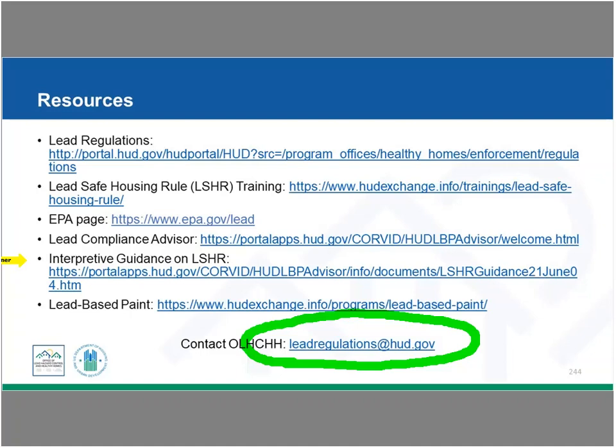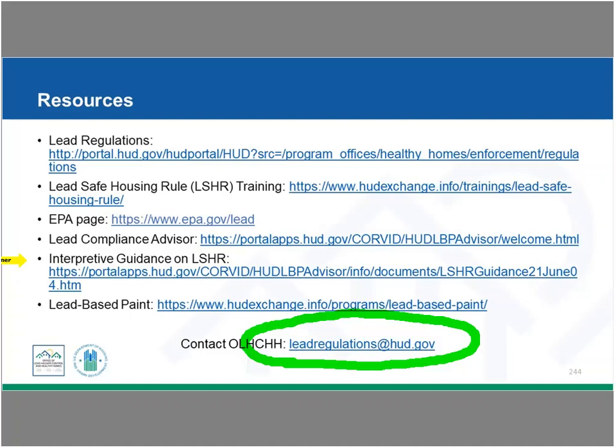The requirement on level of evaluation under Subpart K is for a visual assessment, not a risk assessment. But we could use that risk assessor for clearance. We still need somebody certified to do the clearance.